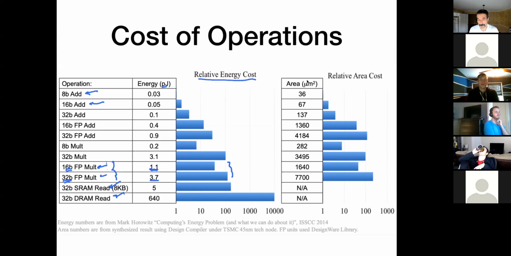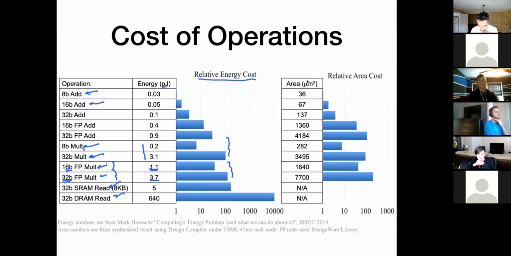So that's why it matters, and that's the kind of saving you can get if you reduce the precision. You can also see even higher when it comes between 32-bit and 8-bit representation, from this number to 0.2. This is basically for integer.